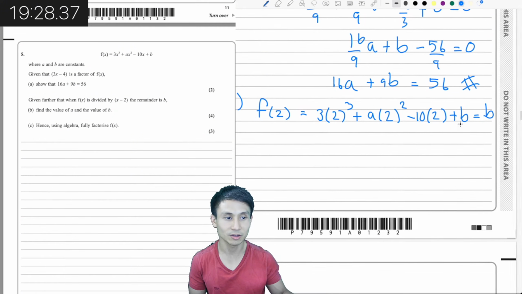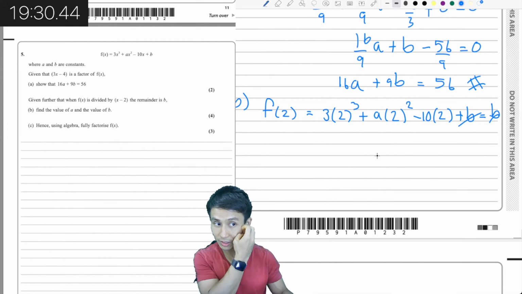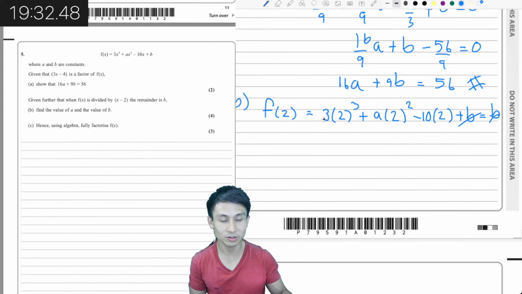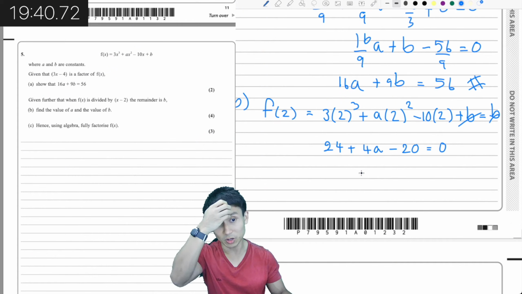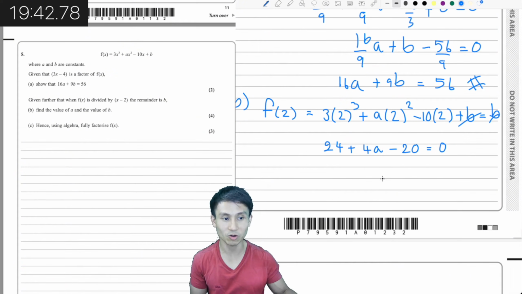So b cancels here. And then what we have here is just 3 times 8, 24, plus 4a on the second term, and minus 20 equals 0. So that is another equation to solve simultaneously. But we already know a, so to speak. So this is 24 minus 20, we get 4. So that is 4a equals minus 4 on the other side. So a is minus 1.